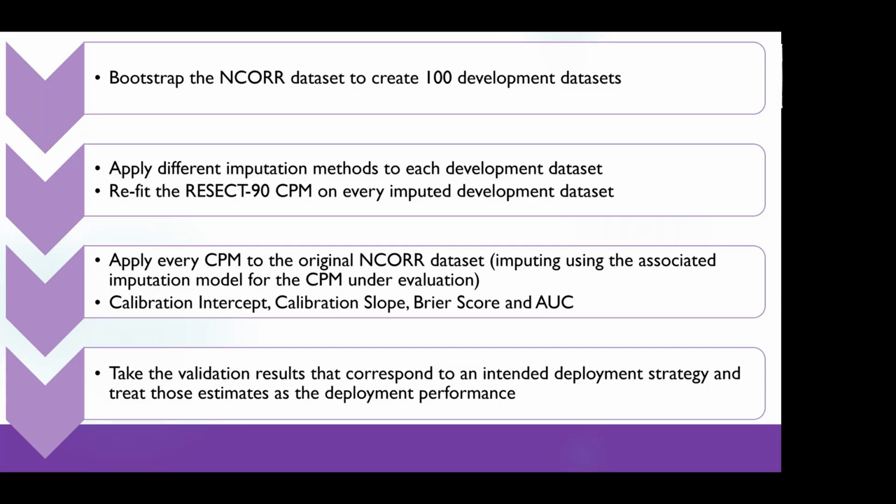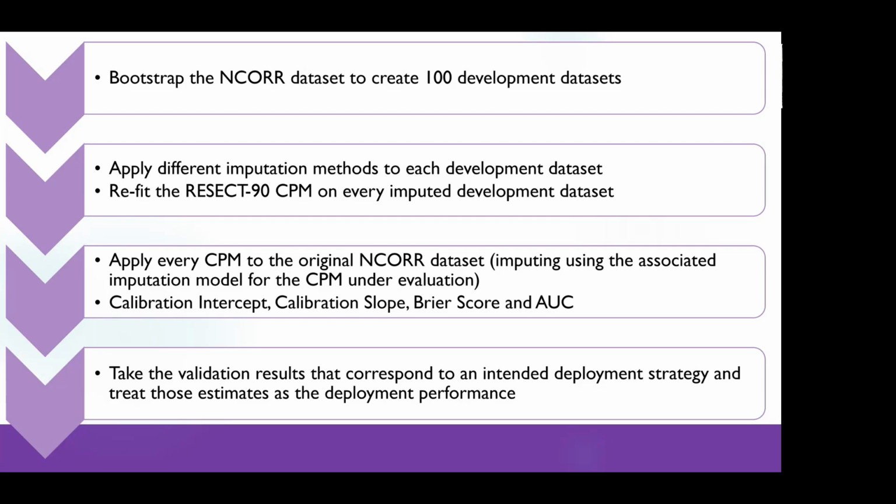We then applied every prediction model back on the original data set, imputed under all of those various different permutations I've just mentioned, upon which we measured the usual suspects of predictive performance. And we needed to make some definition of what we call deployment performance, or what our estimate of deployment performance was.